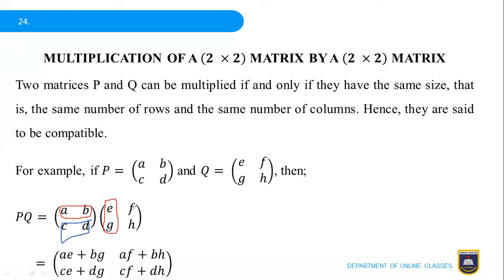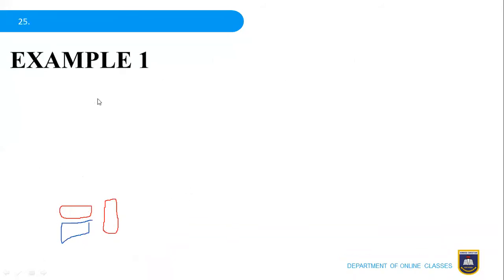So C times E will give us CE, plus D times G will give us DG. C times F will give you CF, plus D times H will give you DH. If you continue, yes, that will give you your solution.